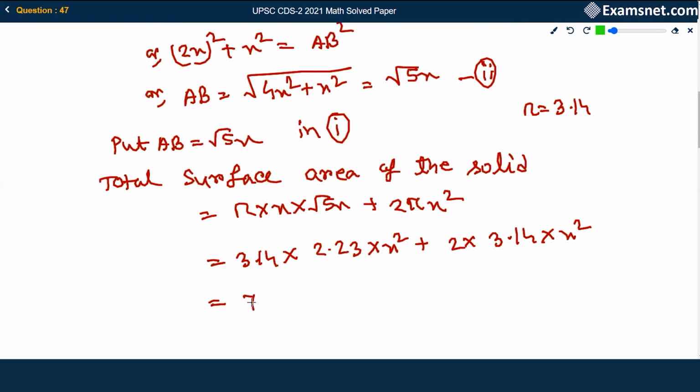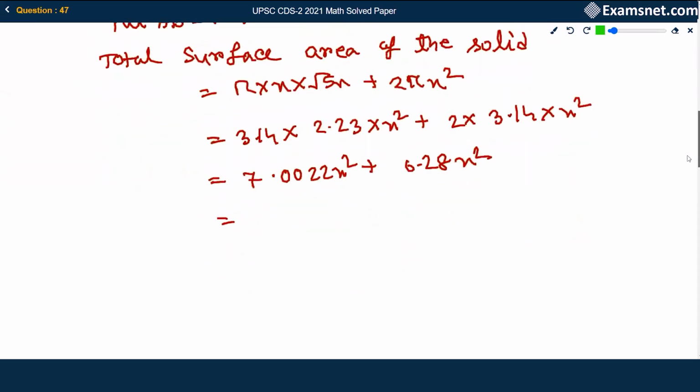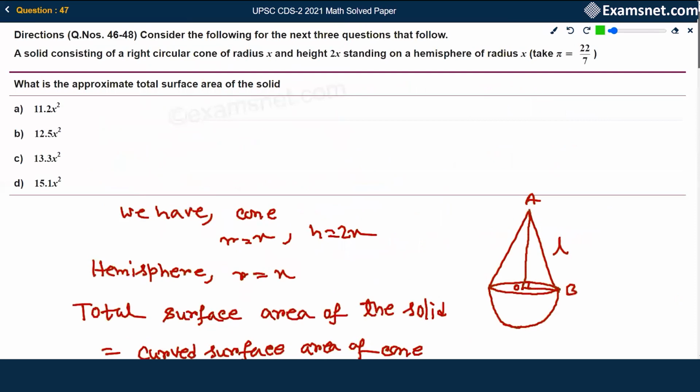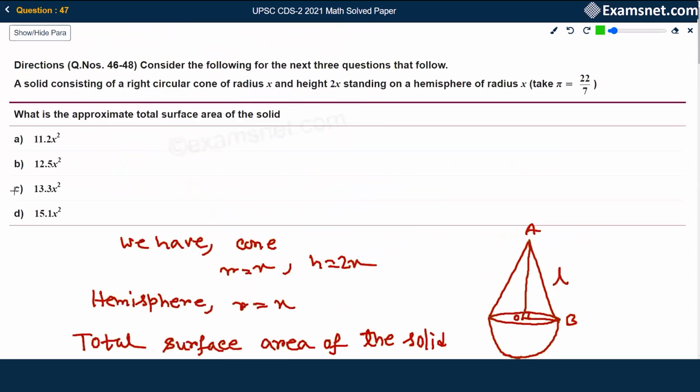That gives us 7.002 x square and 6.28 x square, which results in 13.2822 x square. Approximately we can write 13.3 x square. So the approximate total surface area of the solid is 13.3 x square. Option C is the correct answer.